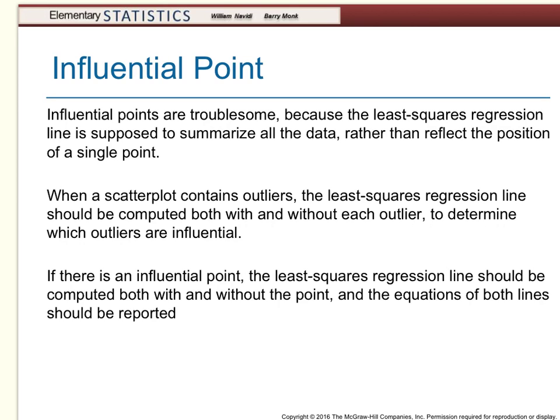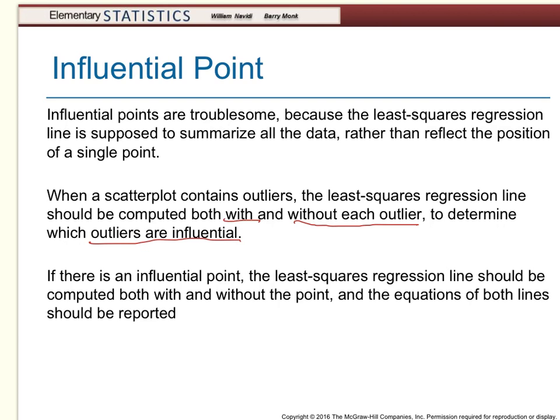Influential points are troublesome because the least square regression line is supposed to summarize all the data rather than reflect the position of a single point. When a scatter plot contains outliers, the least square regression line should be computed both with and without each outlier to determine which outliers are influential.